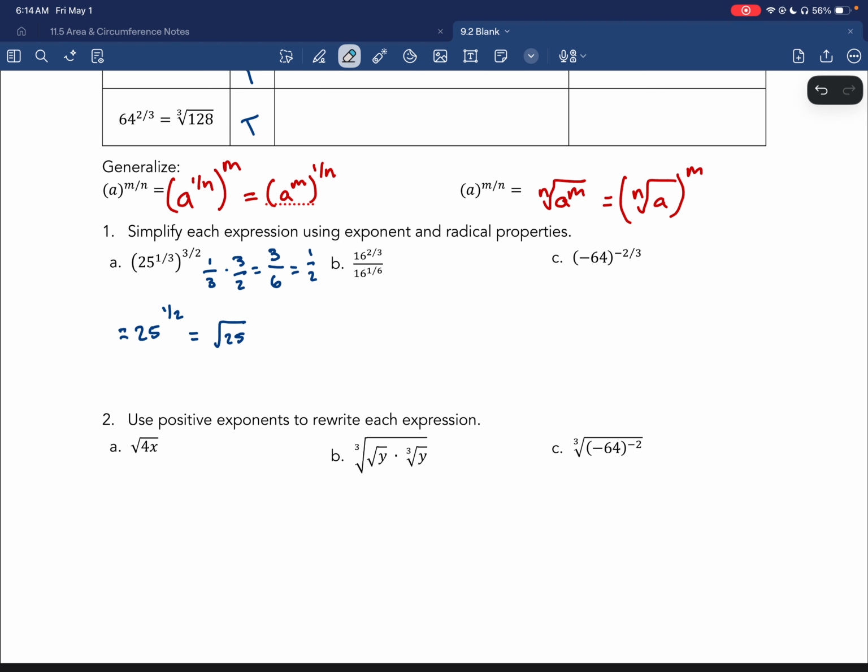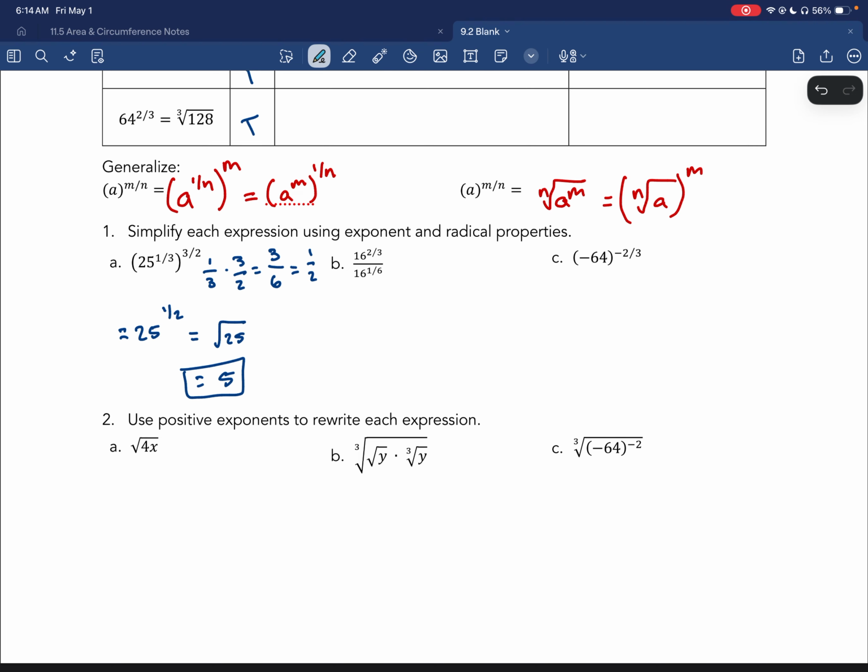If it's anything other than 2, we do write it. But if it's square root, then we don't have to write it. Square root of 25, we should all know this, it's 5. So 5 is my answer. So even though that looked like a pretty nasty problem, I was able to do all of that without a calculator, which is the point of these exponent rules.